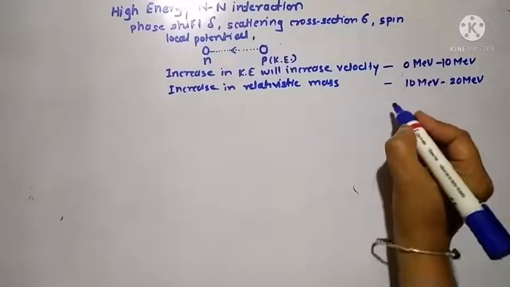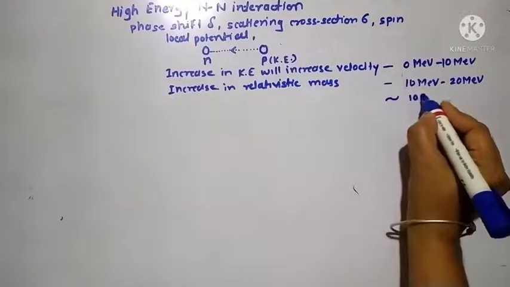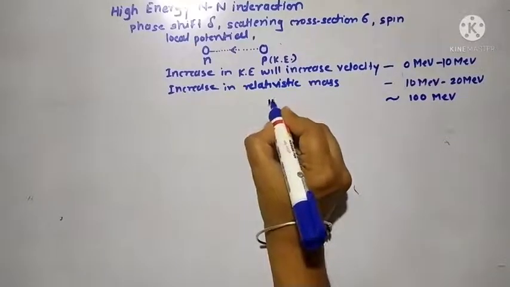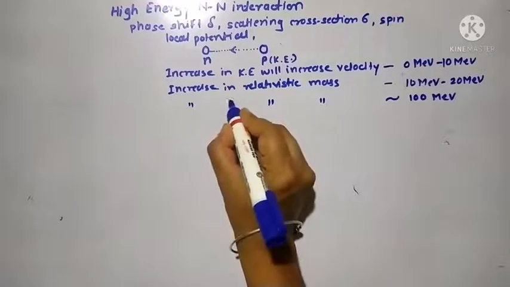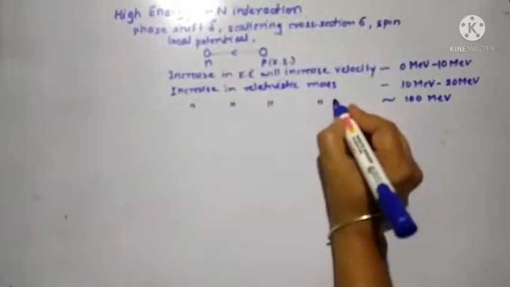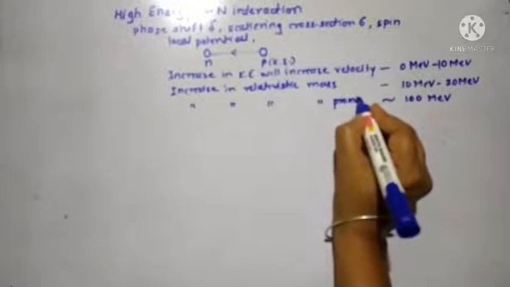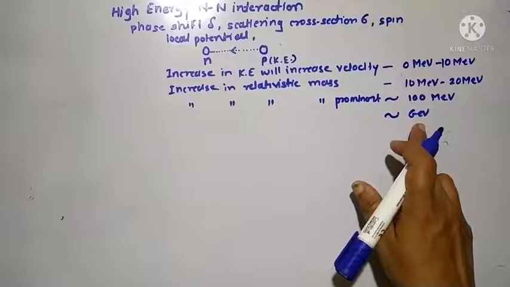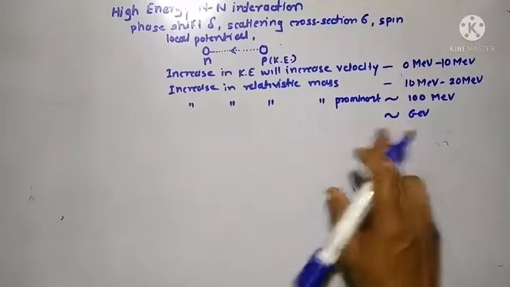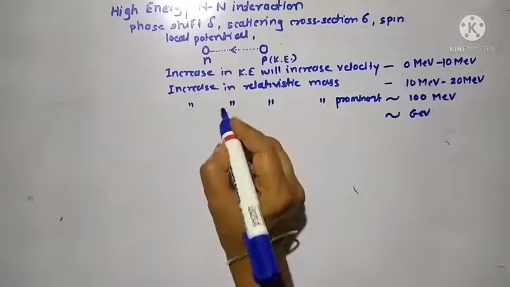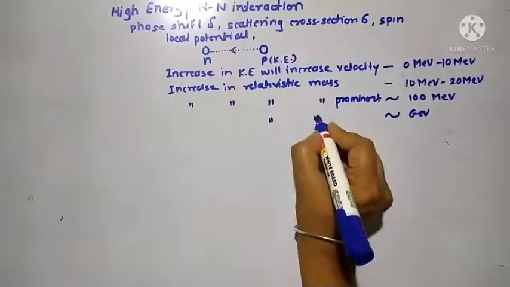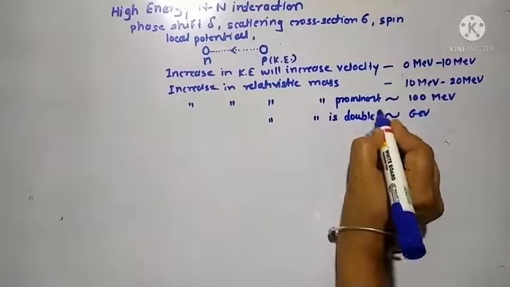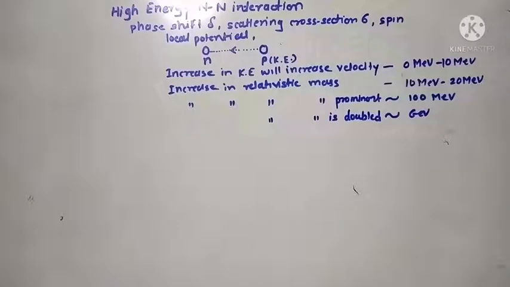As we are reaching nearly 100 MeV, the increase in relativistic mass becomes prominent. And if I am in a giga electron volt range, for a proton, suppose this relativistic mass is doubled in a giga electron volt range.